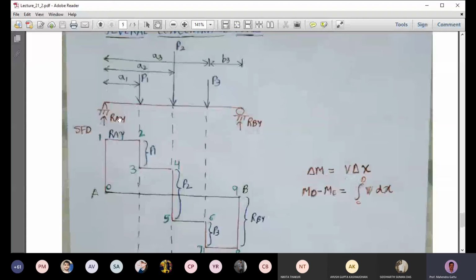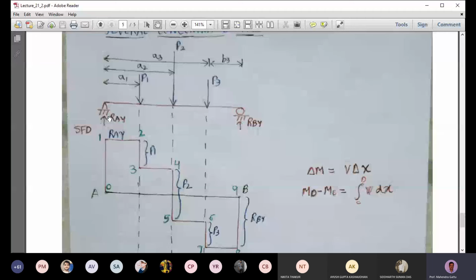So first thing we'll do, using static equations of equilibrium, we will calculate the reactions Rax, Ray and Rby. Once you find those reactions, we draw the axis of the beam AB, and from A, we denote that by 0, and then we move by an amount equal to Ray in the direction of the reaction.